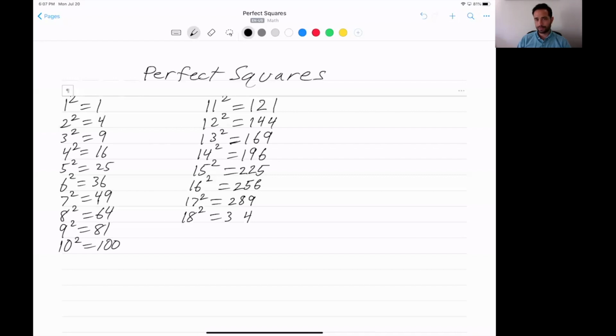Because if it was 314, that would only be a gap of 25. But I already know that the gap is in the 30s. So again, logic comes back into play. When we move up just one more group of 10, we know that the middle digit is 2. 18 squared, 324.